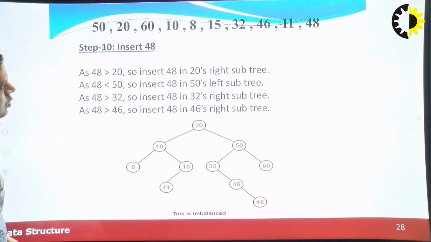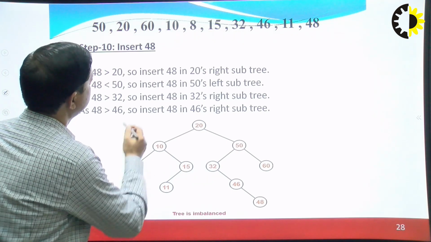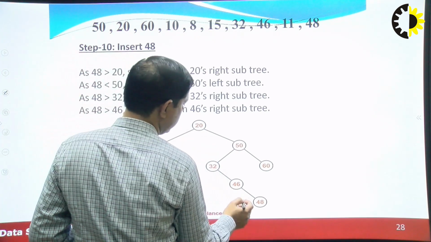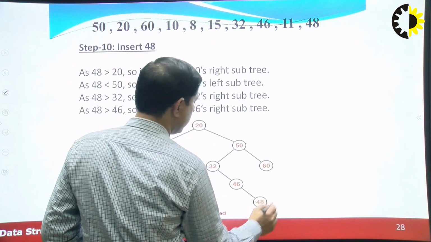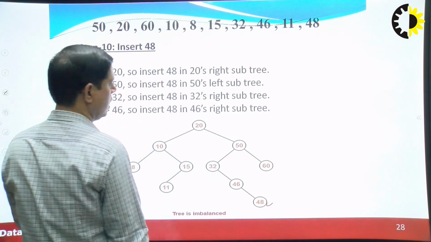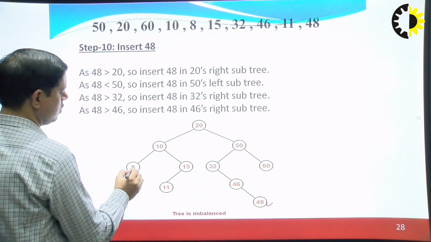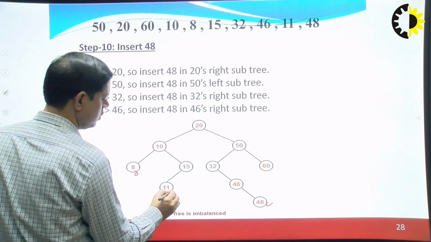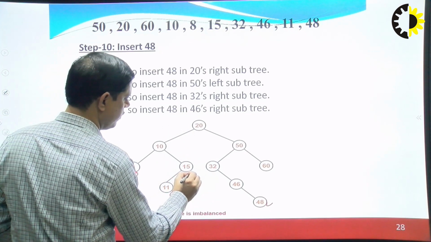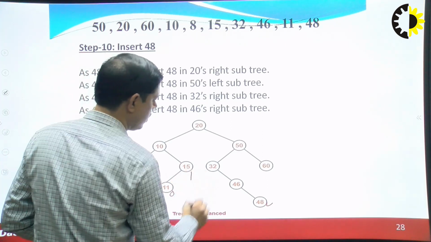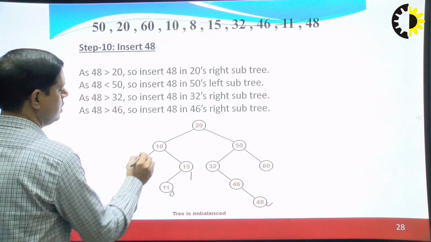And finally, we have to insert 48. According to the property, 48 will be the right child of 46. Now we have to check whether the tree is balanced or not, so we will check the balancing factor for each node. For 8 it is 0. For 11 it is 0. For 15 it is 1. That is the height of the left subtree minus the height of the right subtree.